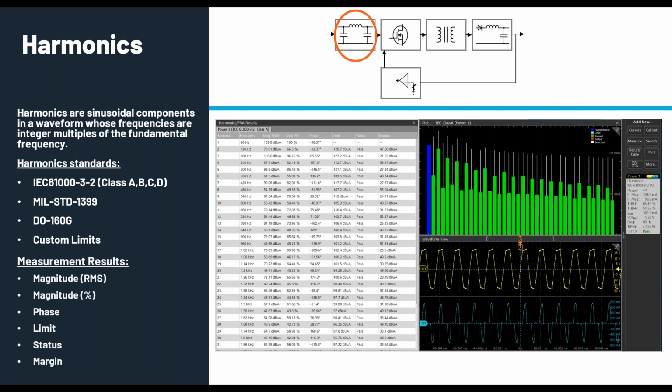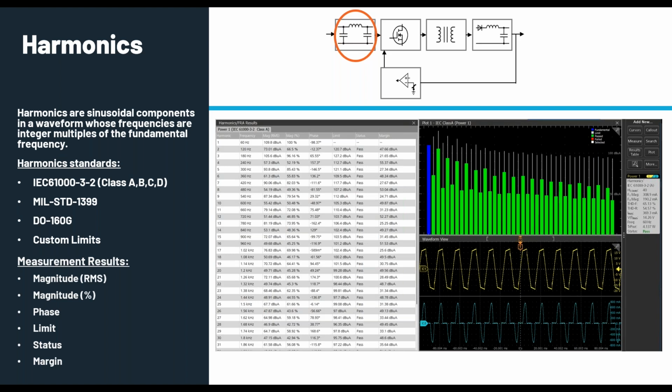Typically it is caused by nonlinear loads present in the SMPS, and the input current will be pulse width modulated in the next section, like the switching section, and that will cause the non-linearities and add a lot of distortion back to the mains, and that can potentially disturb the other instruments or equipment present in the circuit.